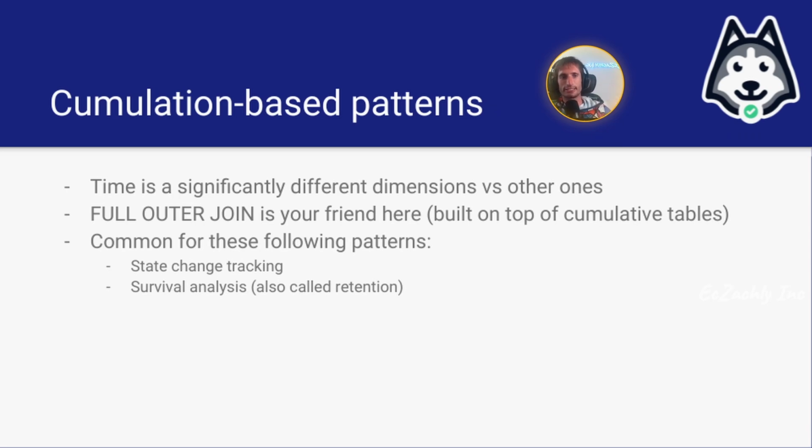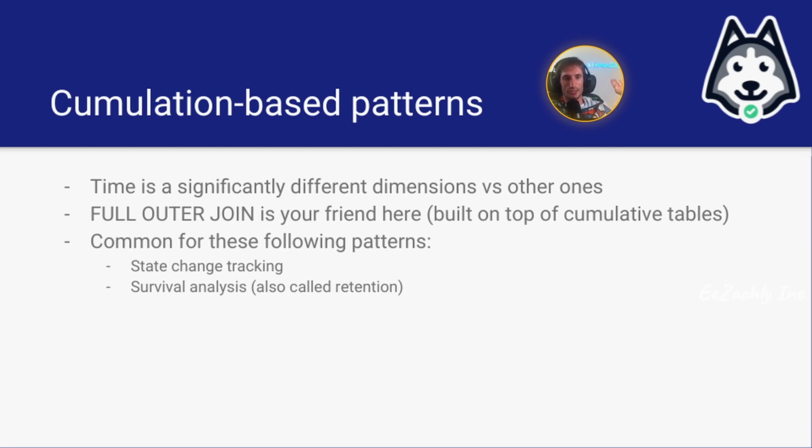It's going to be so good, because the big reason why you need full outer join for these patterns is because you need to keep track of when there isn't data. That's the other big thing that's different between this pattern and the aggregation-based pattern: no data is data. Aggregation-based patterns don't care about that.